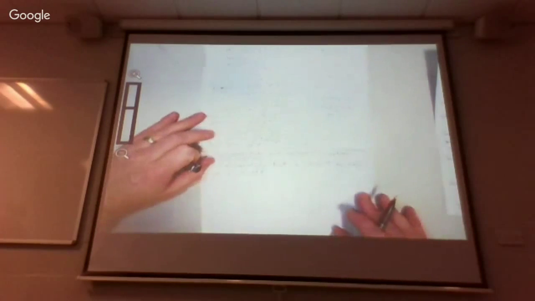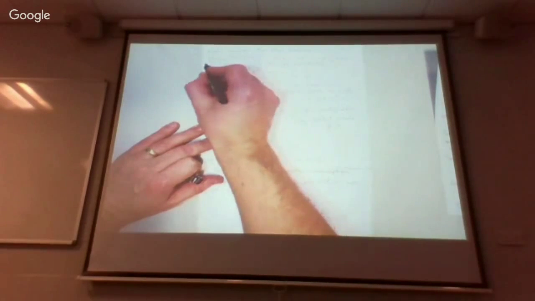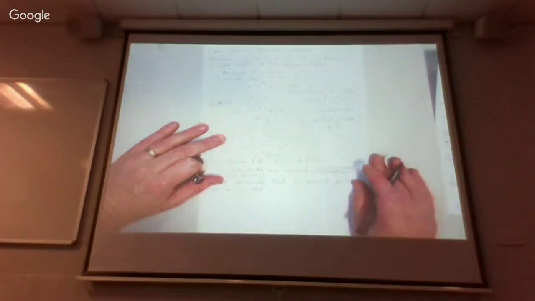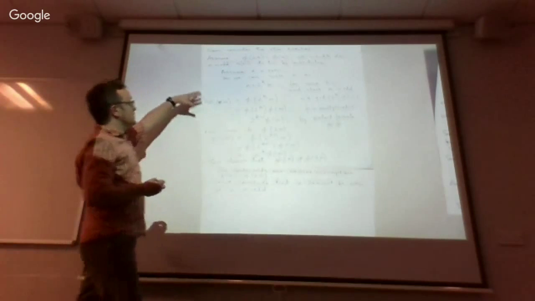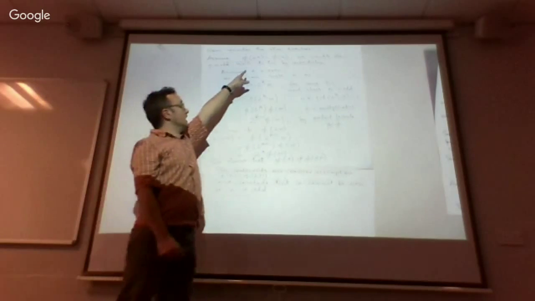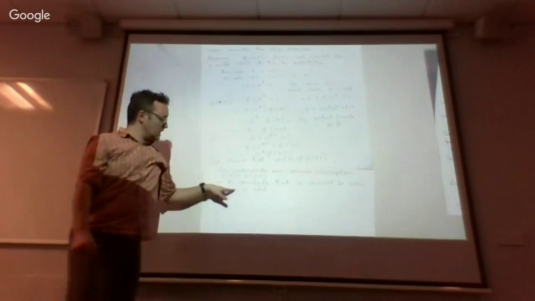From beginning to end, in this part of the argument, up here we assumed that phi of n was equal to phi of 2n, and down here we get the conclusion that n is odd. So we've shown that direction of the equivalence. That phi of 2n equals phi of n implies that n is odd.